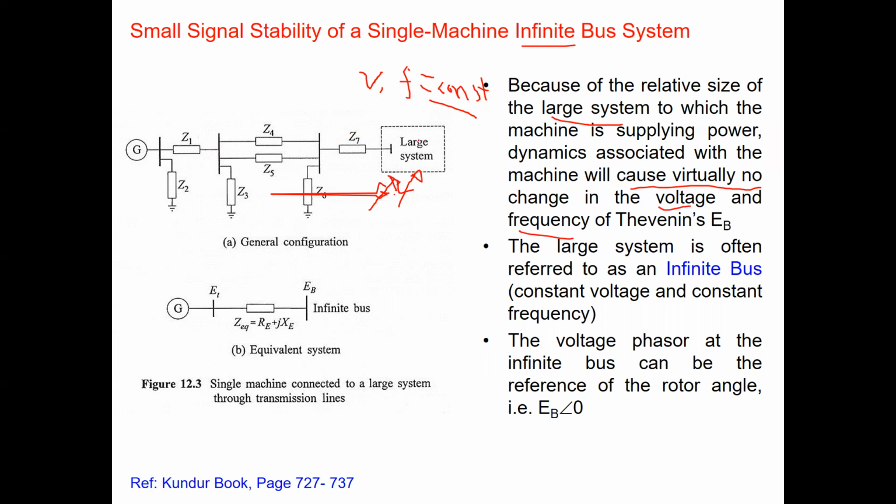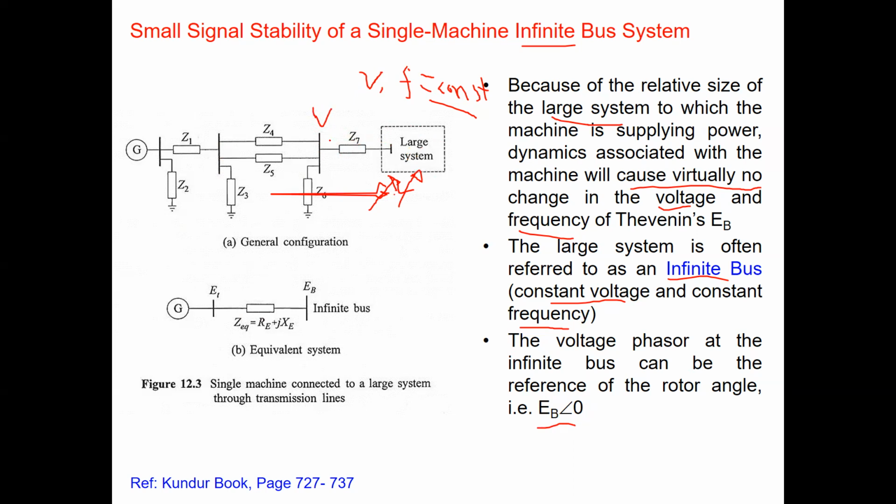So virtually there is no change here, and we call it constant voltage or constant frequency. That is your infinite bus system, right? And thus the voltage quantity at the bus where you have the connection to the infinite bus system, we say that the magnitude value is constant, and we take this angle as a reference quantity.